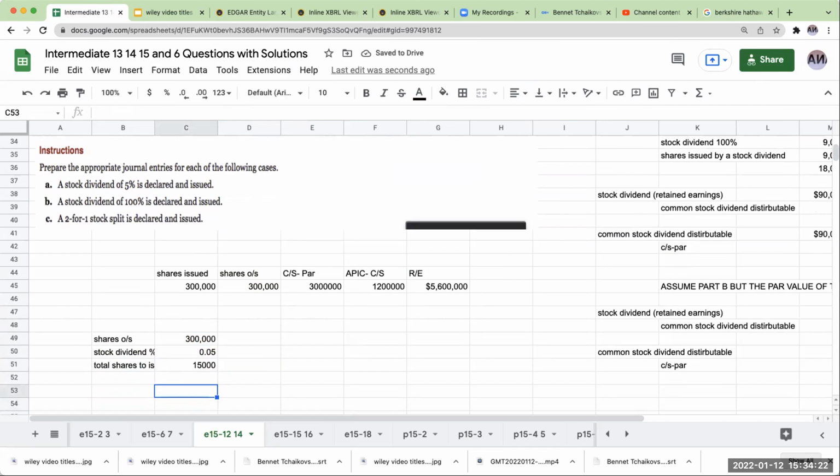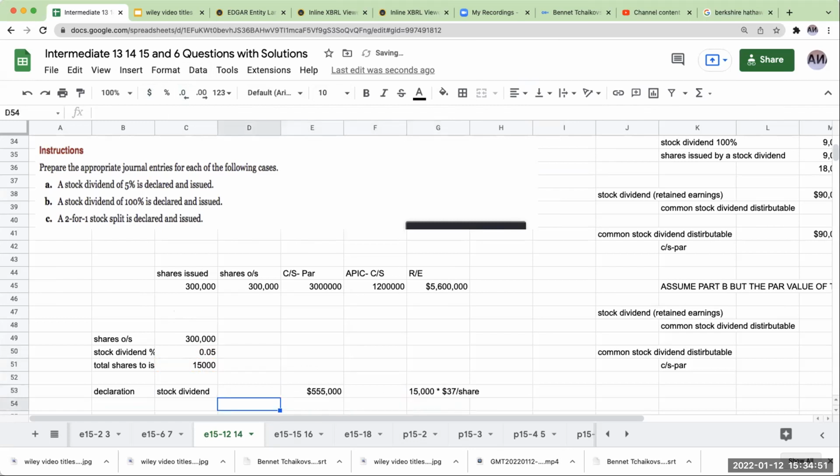The amount of my stock dividend on declaration, I'm going to do 15,000 at 37. So when I declare this 5% stock dividend, this is going to be 15,000 shares to be issued at $37 per share.